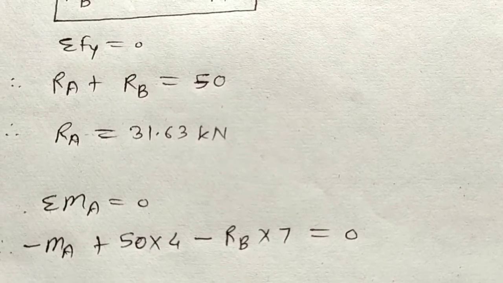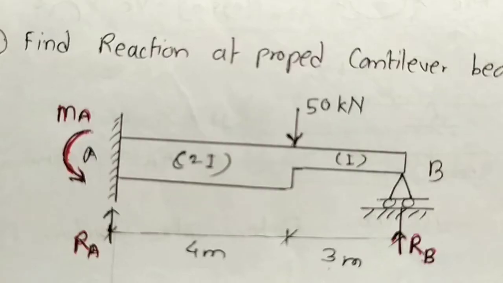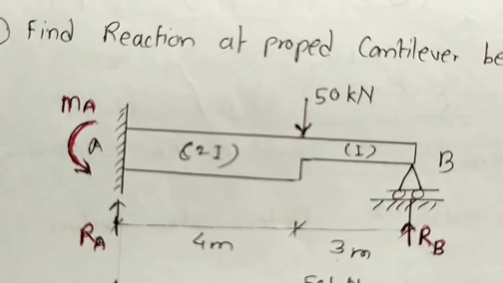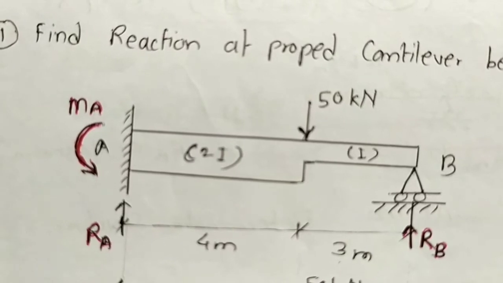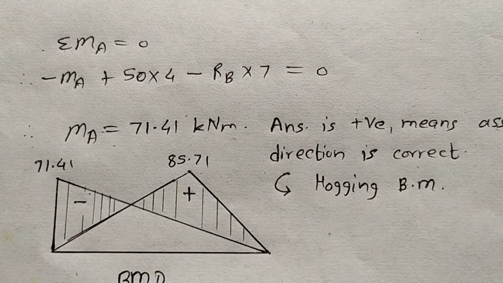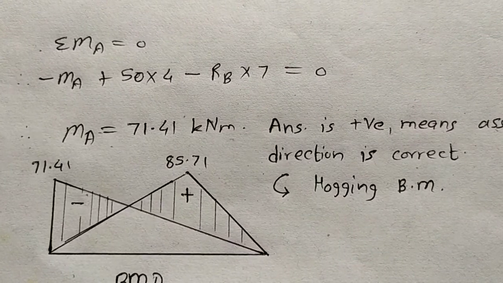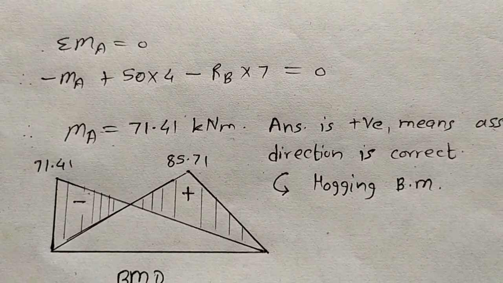Here I assumed the direction of MA as anti-clockwise, and RA and RB going upward. Now just apply moment at A equal to 0. We are getting MA as plus 71.41.